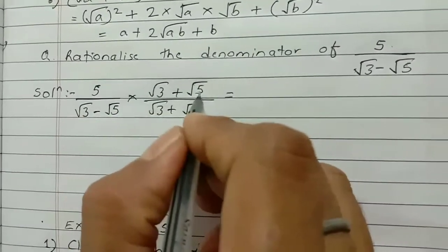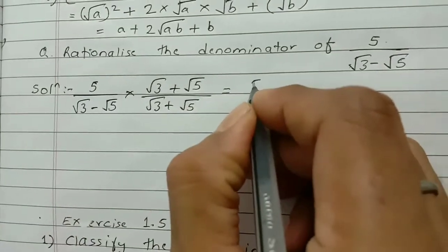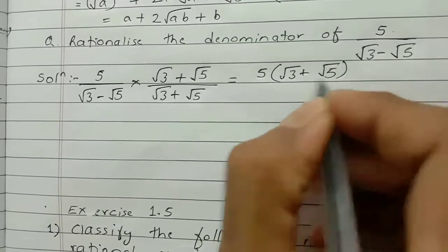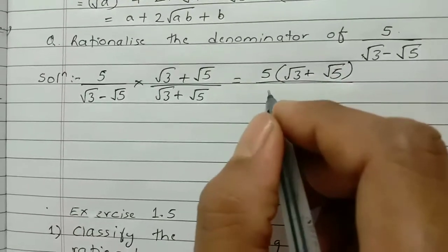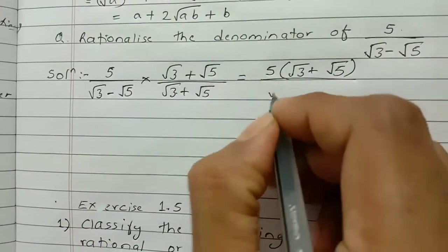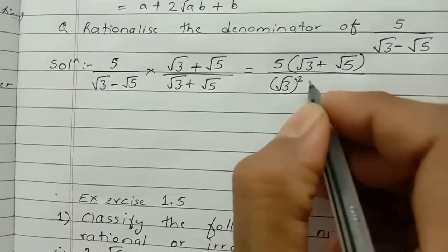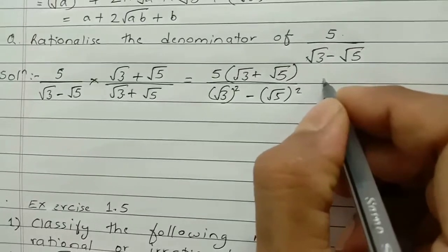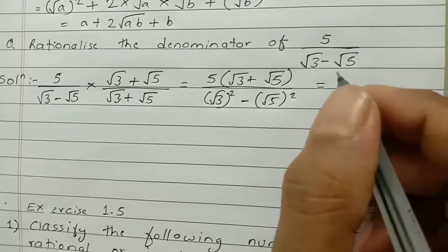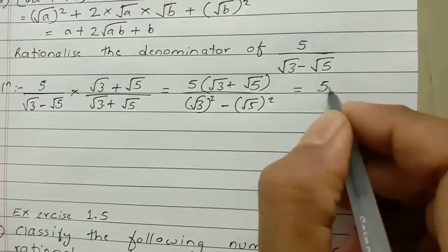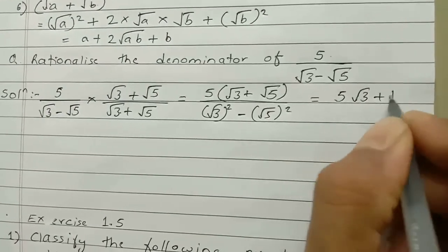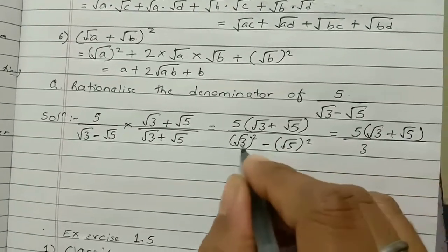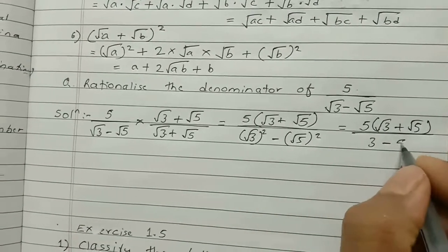Now 5 into (root 3 plus root 5). So 5 is common, into (root 3 plus root 5), over root 3 square minus root 5 square. Root 3 square is 3, and root 5 square is 5.